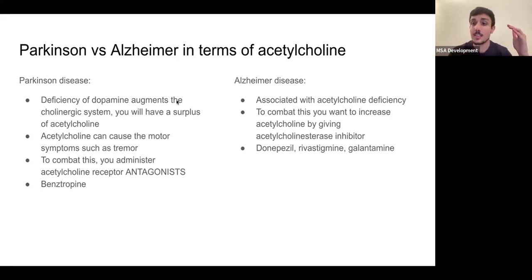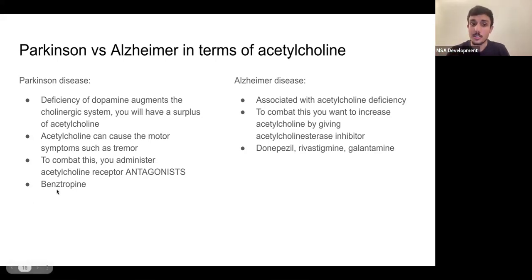It's a balance. The balance is going to be shifted towards higher acetylcholine, opposite to Alzheimer. And that high acetylcholine can cause motor symptoms such as tremor. So to combat this, what do you do? You antagonize the acetylcholine receptors, the muscarinic receptors. You block acetylcholine from working. This is the complete opposite to Alzheimer's.